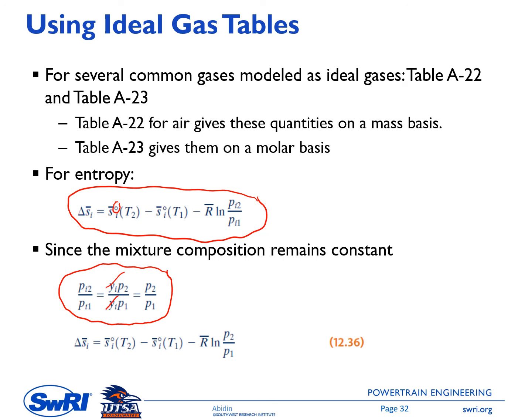So from the last term, pi2 over pi1 equals P2 over P1. Then you can substitute pi2 over pi1 by P2 over P1, and you will get equation 12.36. See here on the last term, now you have ln P2 over P1, where P2 is the mixture pressure at state 2 and P1 is the mixture pressure at state 1.